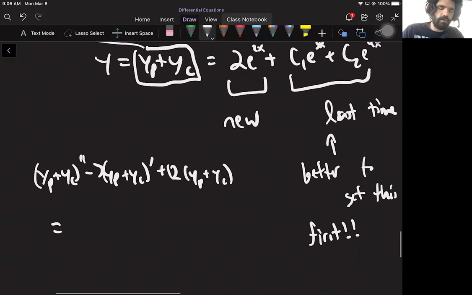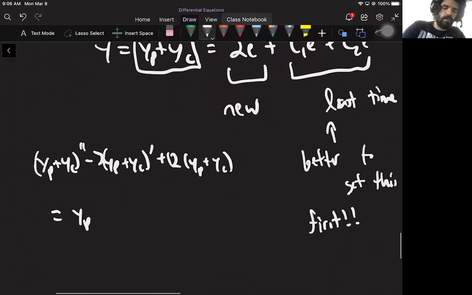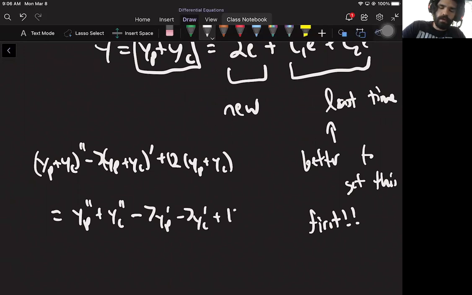So the second derivative of yp plus yc is just the second derivatives of them added together. Then I can do the same thing on each piece, so I can distribute the 7 as well after taking the derivative. This is why everything works in general, but I'm just doing a specific example.